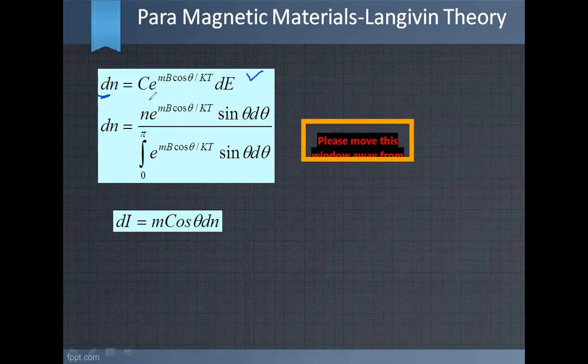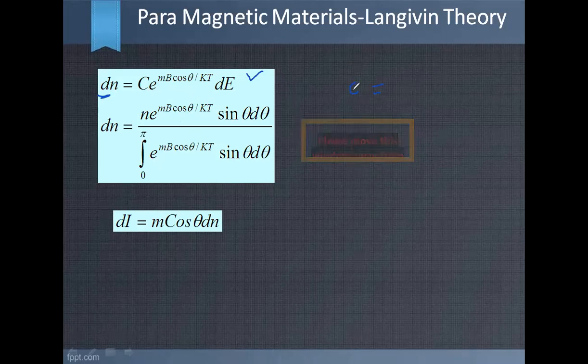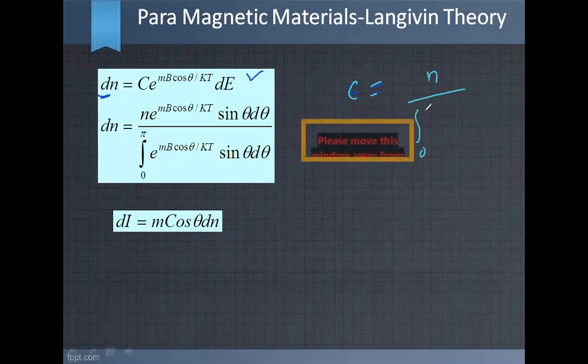In the previous slide, did we get the C value? Yes, in the previous slide we got the C value, right? How much did we get? C is equal to n by integral 0 to pi e power mb.